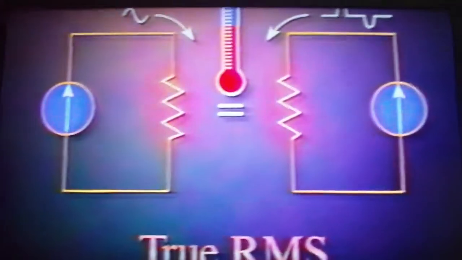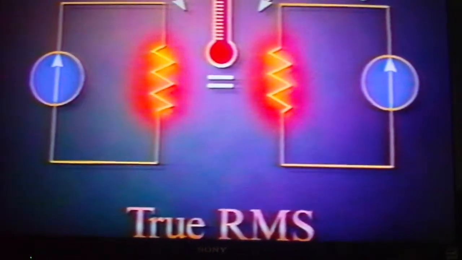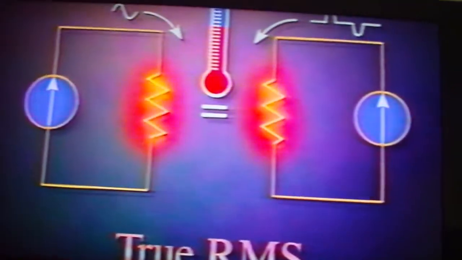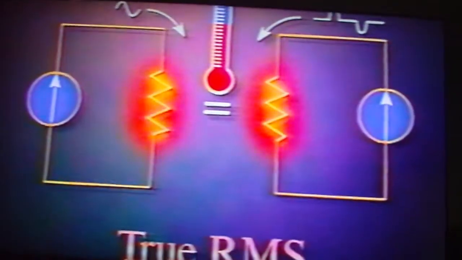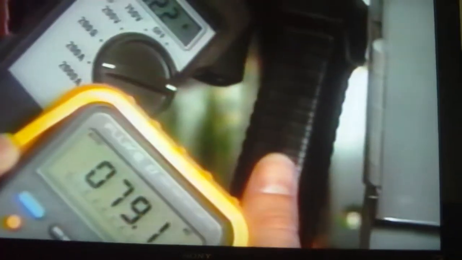The term RMS relates directly to the heat harmonics produce in components of the power distribution system. If a distorted wave shape and a pure sine wave shape produce the same amount of heat in a resistive load, then the two wave shapes have the same RMS value. The word true in true RMS comes from the fact that not all instruments give correct readings for distorted waveforms.